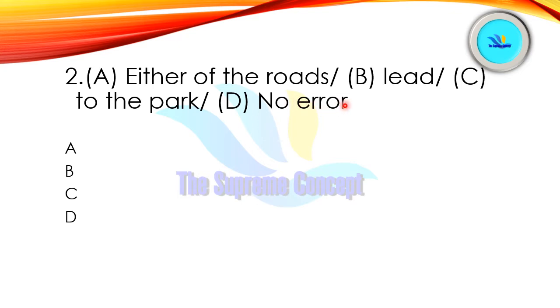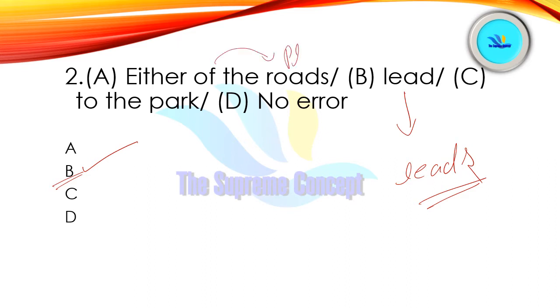Either of the roads lead to the park. Now pause and mark your answer. Yes, you are right. Option B is correct here. Instead of "lead" we will use "leads", the singular form. Whenever we use "of" after each, either, one, every, etc., the noun or pronoun that comes immediately after "of" will be in plural form.